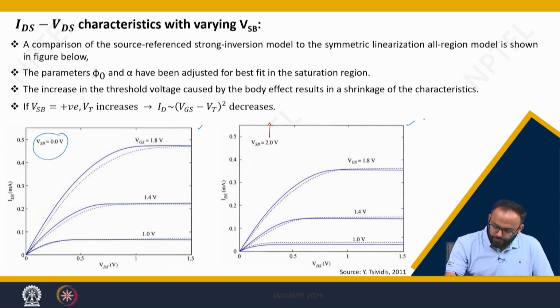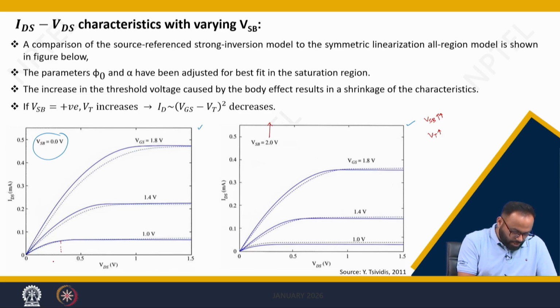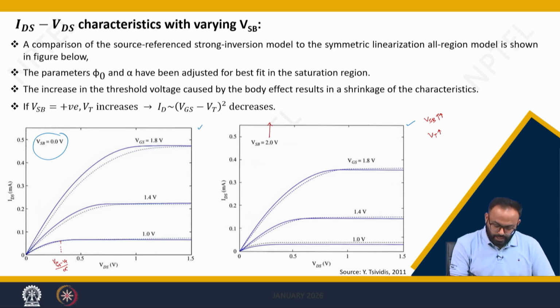First of all, if you increase the value of VSB, the threshold voltage will be shifted up, and hence this saturation point, (VGS minus VT) divided by alpha, will shift. The second thing is the value we derived on the y axis, approximately (VGS minus VT) whole square.